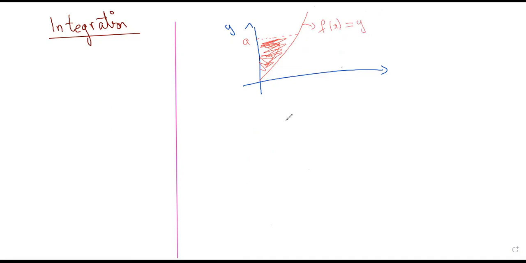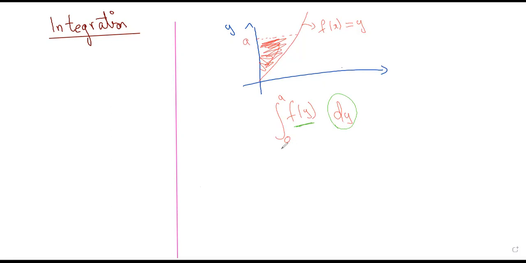So step 1 would be making x the subject and finding f of y. Once you have f of y, you're supposed to integrate that with respect to y, and the limits would be 0 to a. Always remember, whenever the area is bounded between the y-axis and the curve, you would have dy here.